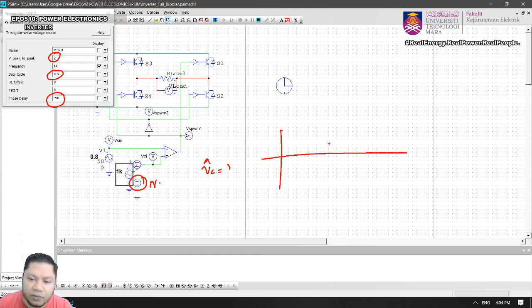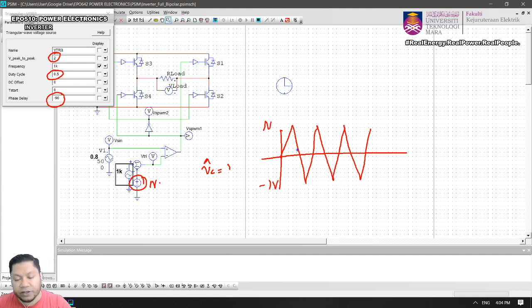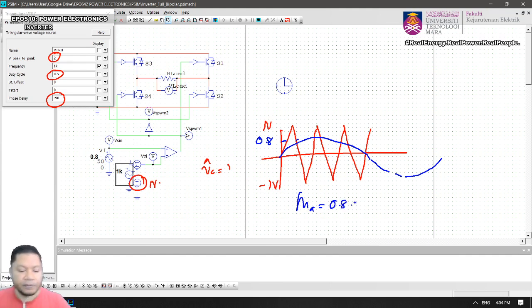So the output will be that one. This is 1 volt, minus 1 volt, and you compare it with the modulating signal here. That modulating signal will be 0.8 volt, so the modulation index equals 0.8.